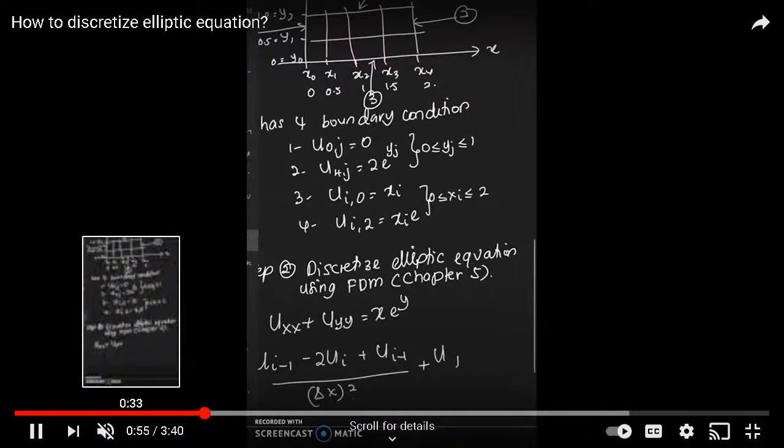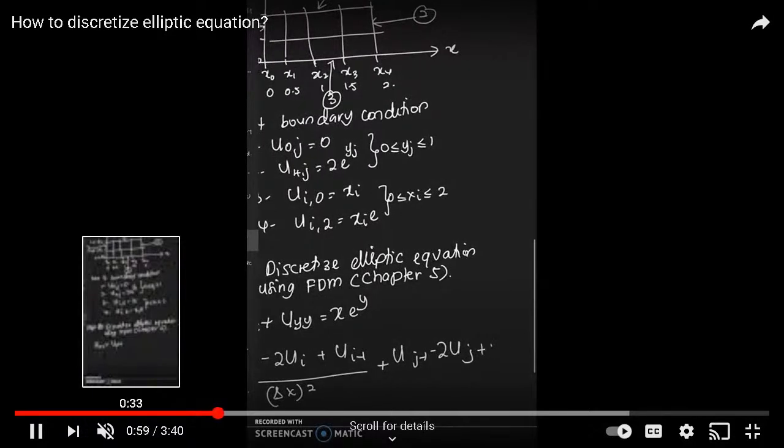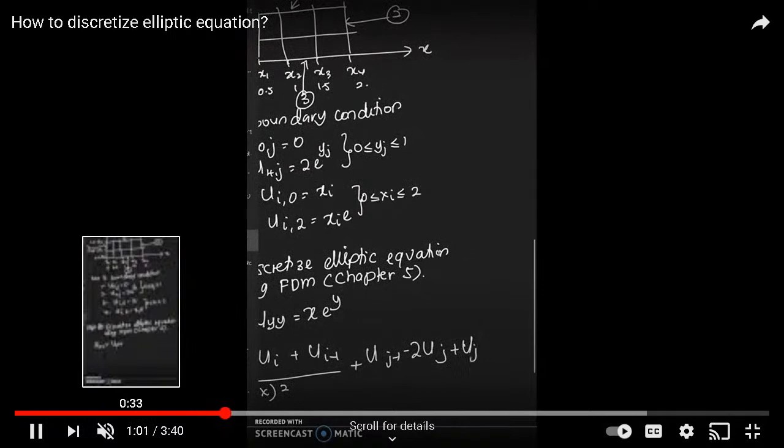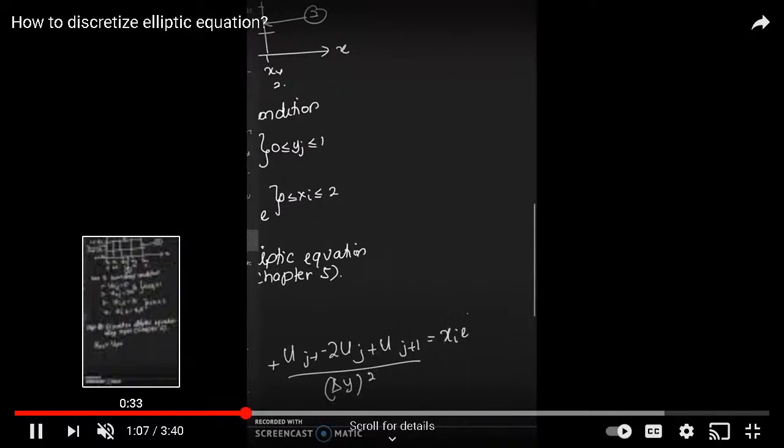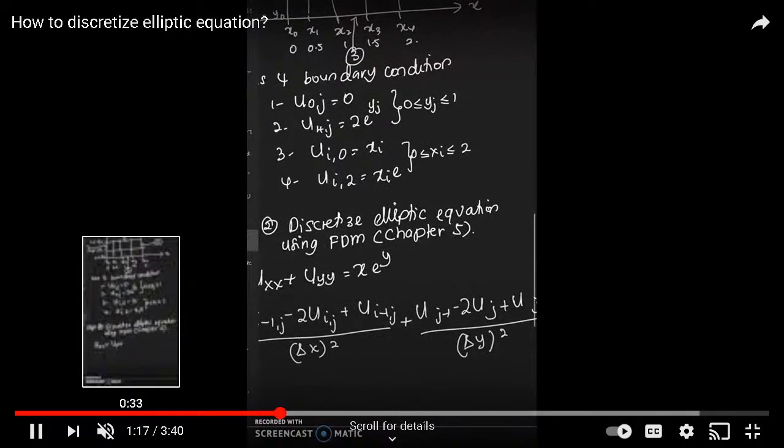For the second order derivative with respect to y, I focus on j: u i,j minus 1 minus 2 u ij plus u i,j plus 1. I focus on j, and I maintain i for the second order derivative with respect to y, and I maintain j for the second derivative with respect to x.